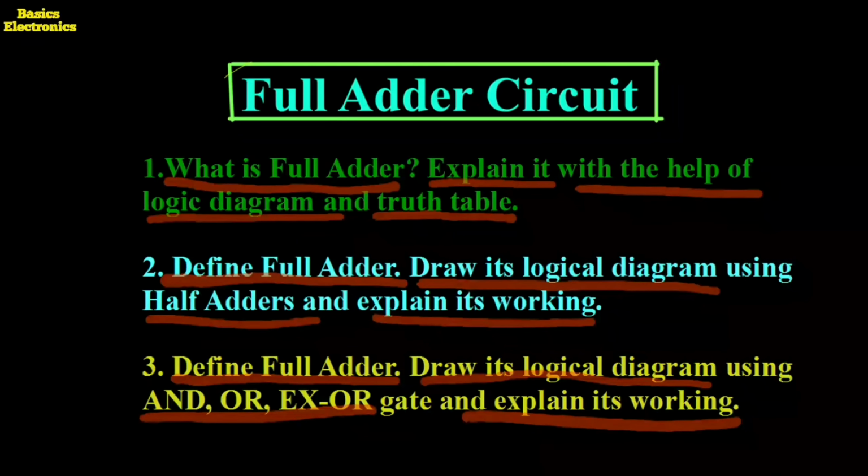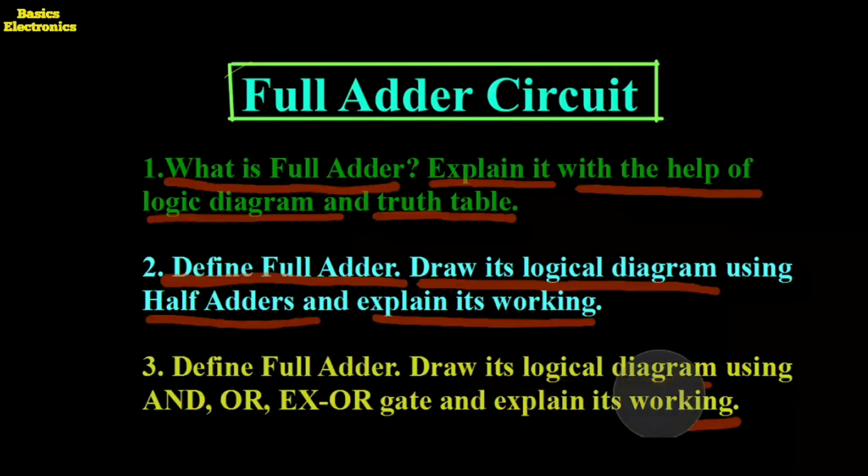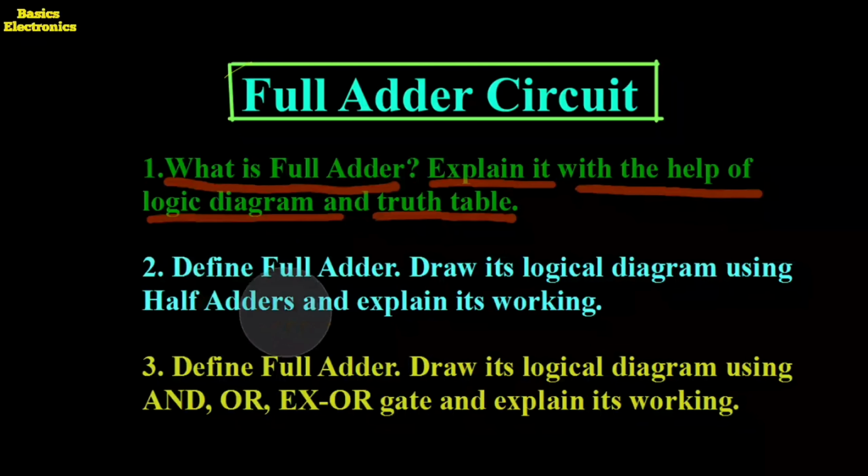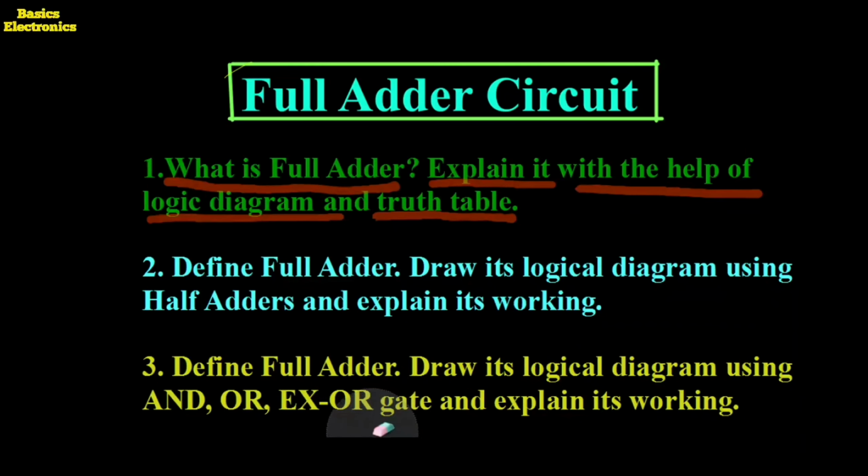So all these three questions are similar, you just have to define at the time of the question. In only the first question you are free to draw whatever type of circuit you like, and in the other two questions there is a specified logical diagram.